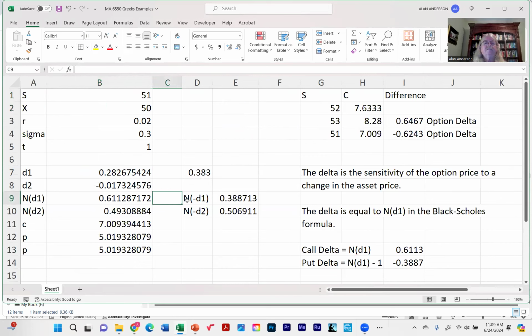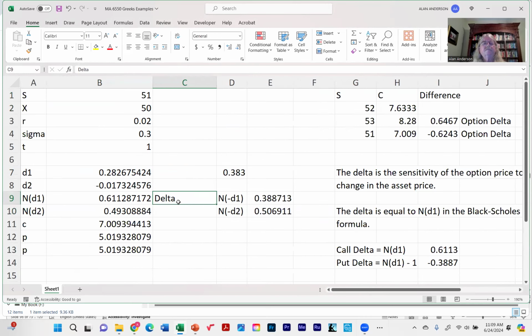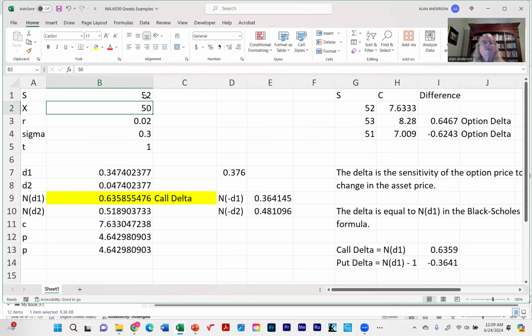What am I doing? All right, let's try that experiment again. I think I was looking at the wrong spot. So we started at 63 something, then it goes up to 65 something, and then when it goes down, it's down to about 61. So in other words, the delta changes with the stock price.